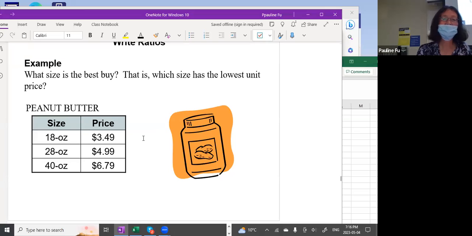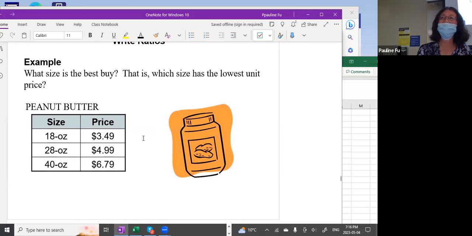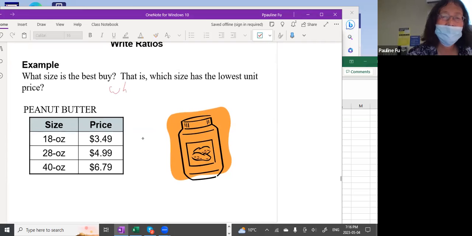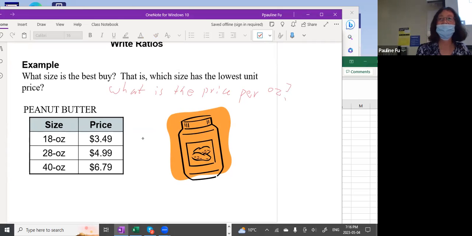So you need to find the unit price, the price per ounce, and then you select the smallest. If 18 ounce costs $3.49, each ounce is 3.49 over 18.